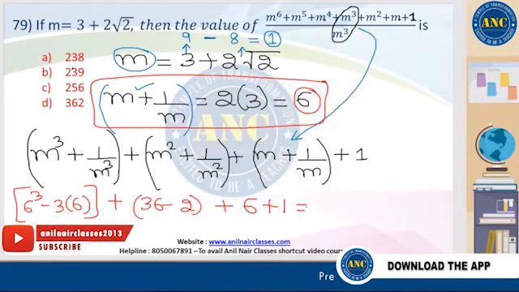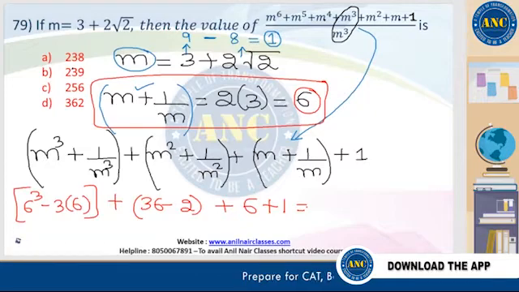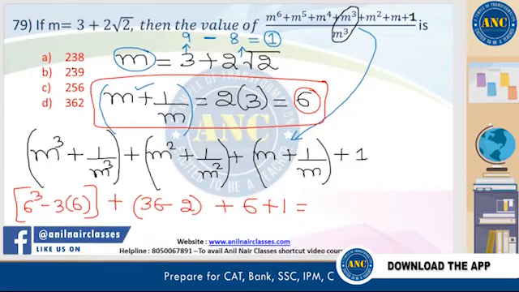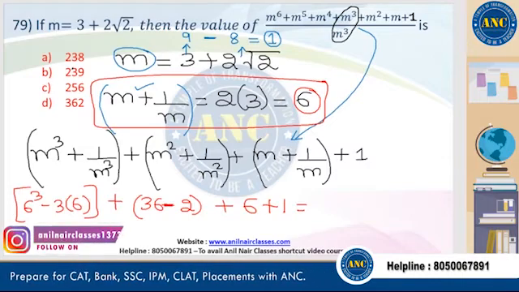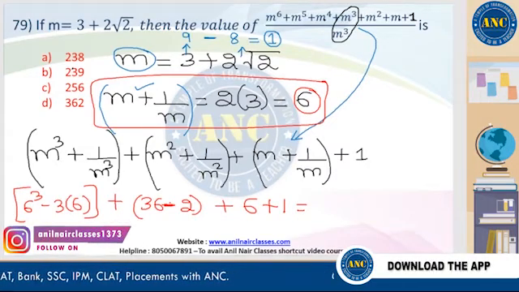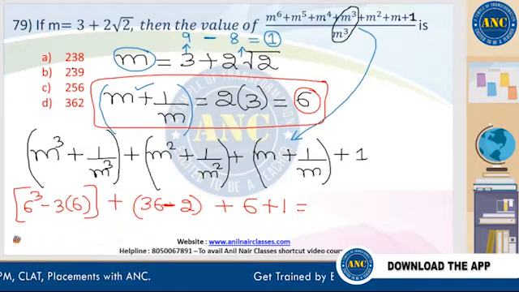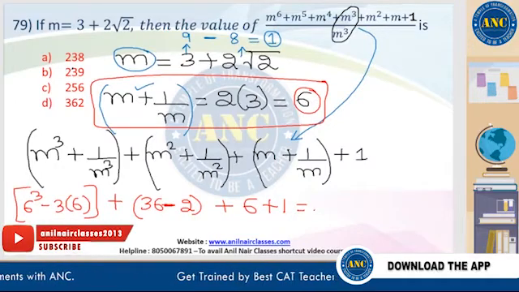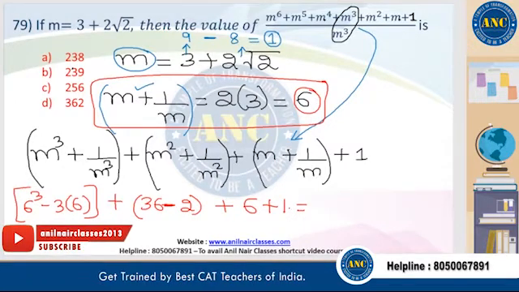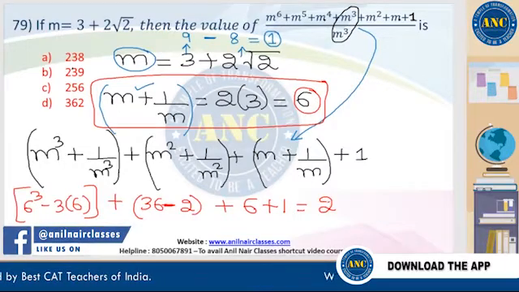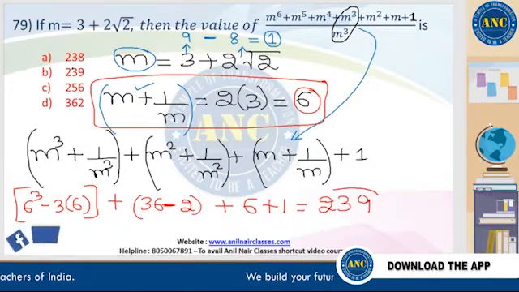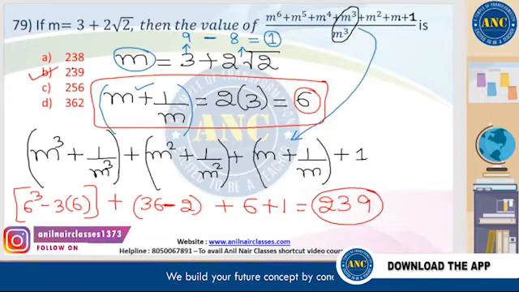So can I say that your final answer is 216 minus 18 is 198, 198 plus 34 is 232, plus 6 is 238, plus 1 is 239. The answer for this question is very simple, which is 239.